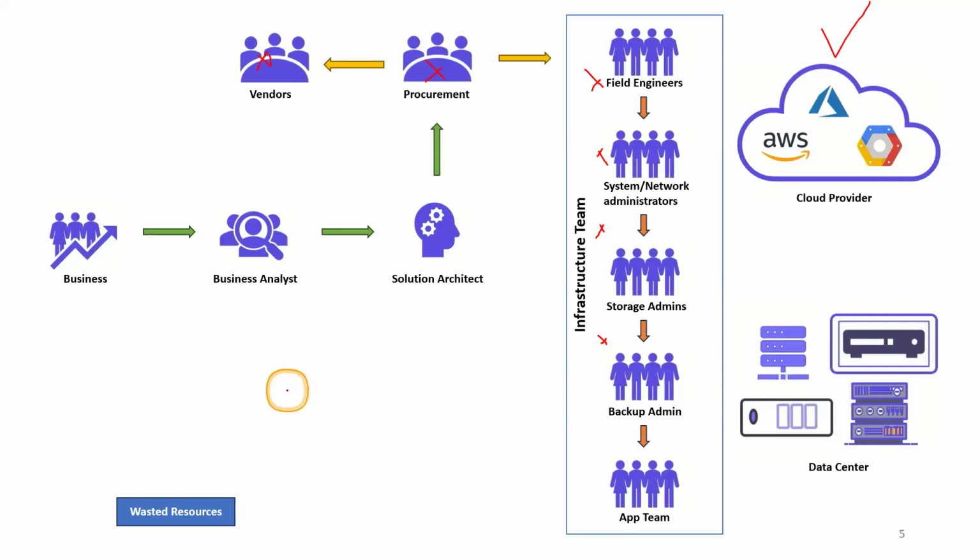And the final thing, which is a major disadvantage, is wasted resources. That's the reason they came up with the concept of scalability, where today you create some amount of resources. Tomorrow, as per your demand, if you want to scale up or scale down, you can do it according to your requirement.